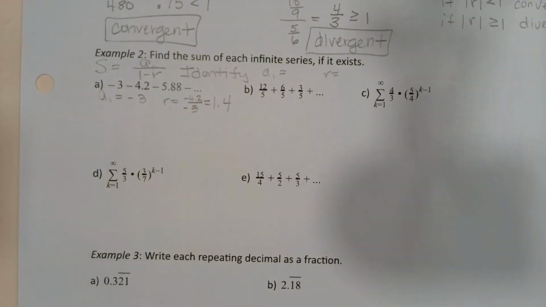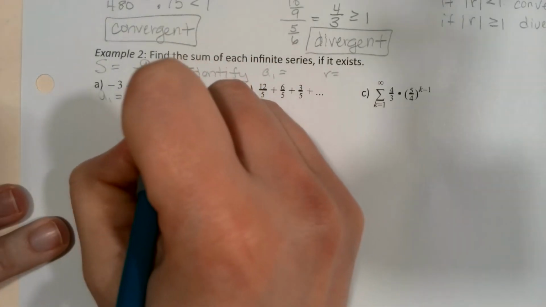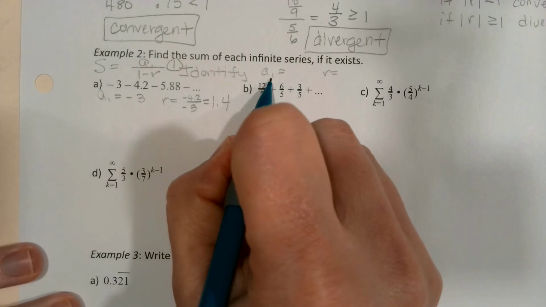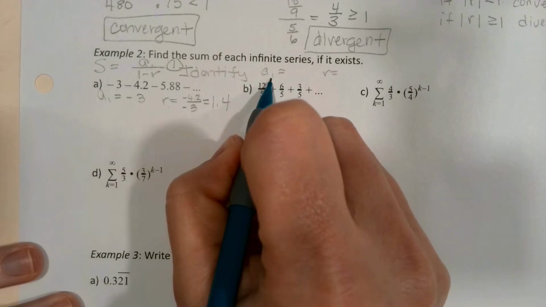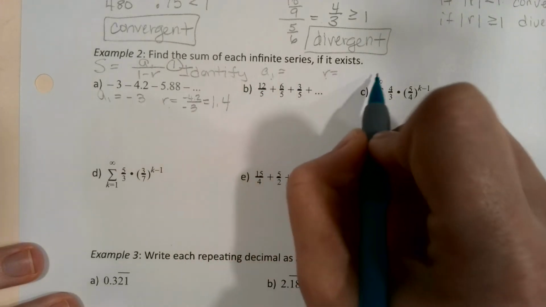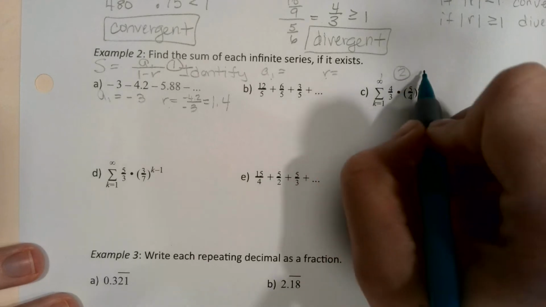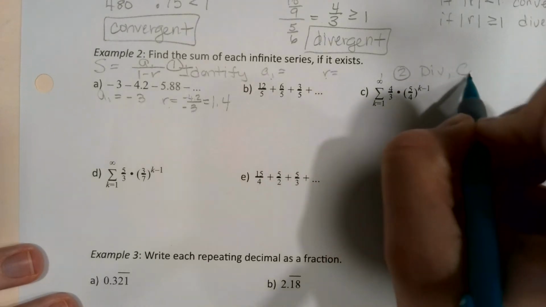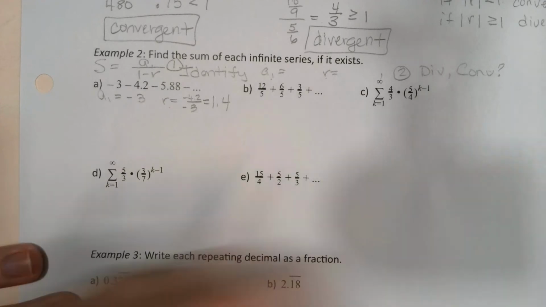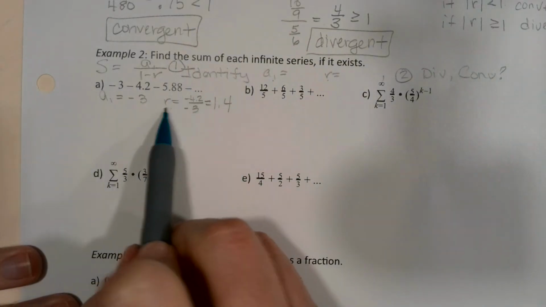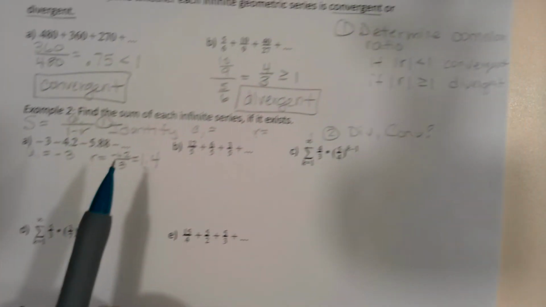So after you identify, first step: identify a initial, first term, identify R. Then step 2, is it divergent or convergent? Well, here we got that R is 1.4.